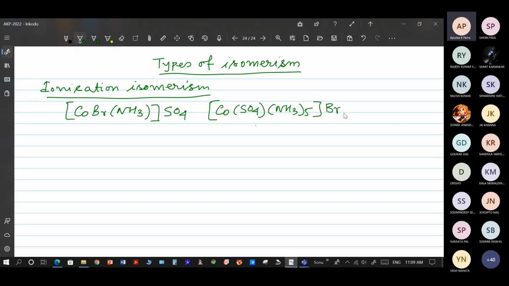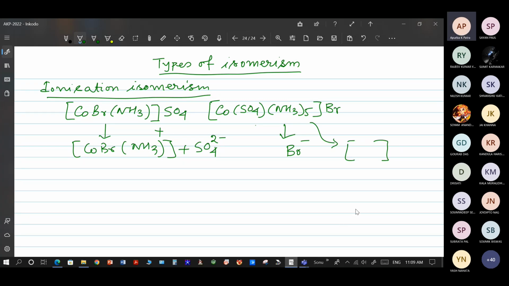So, you see the same number of same kind of atoms are there in these two complexes, but whenever they dissociate, it is going to form cobalt, then Br, NH3 whole 5, which will be positively charged, and SO4 2 minus will be the negatively charged. In the other case, it will be Br minus and this complex entity.